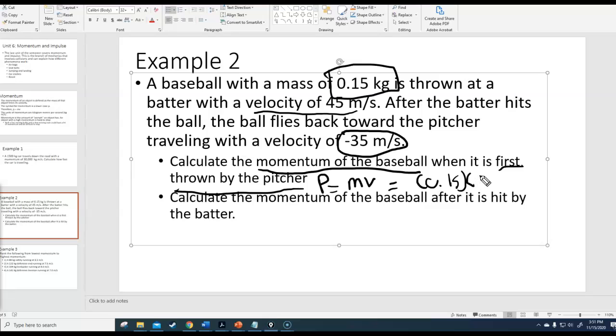So times 45. In my calculator, I'm just going to type in 0.15 times 45, and I get 6.75. Remember, the unit for momentum is kilogram meters per second, and that is the answer to my first question.